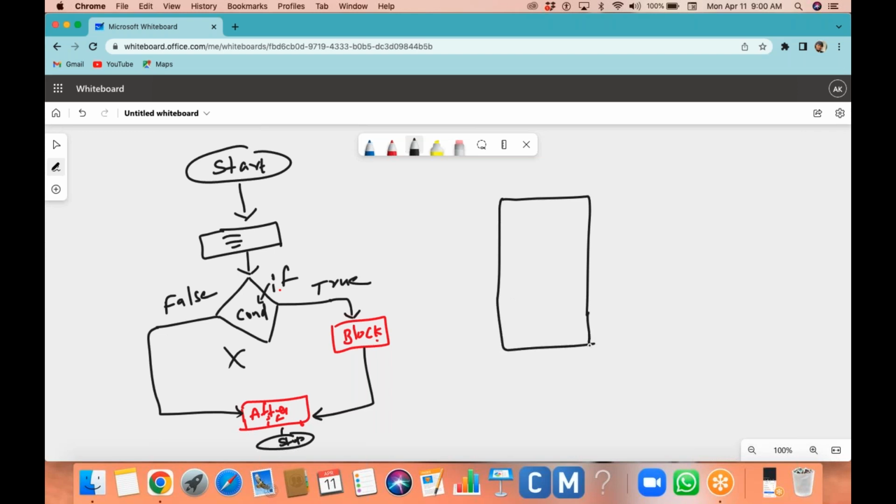You can start writing the program from the first line itself. For example, one statement is done, second statement is done. By the time you get an if followed by the condition, the if and the condition are separated with a space, and make sure it has the colon symbol.